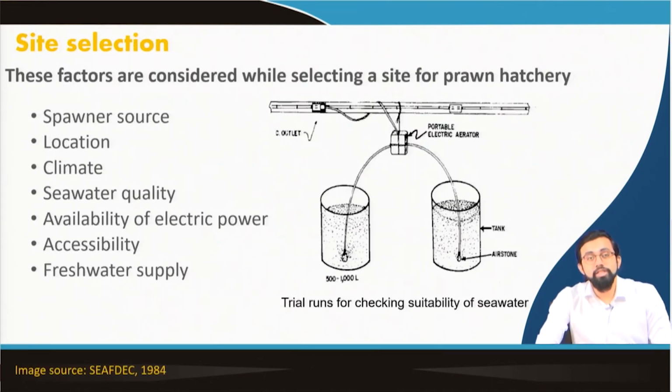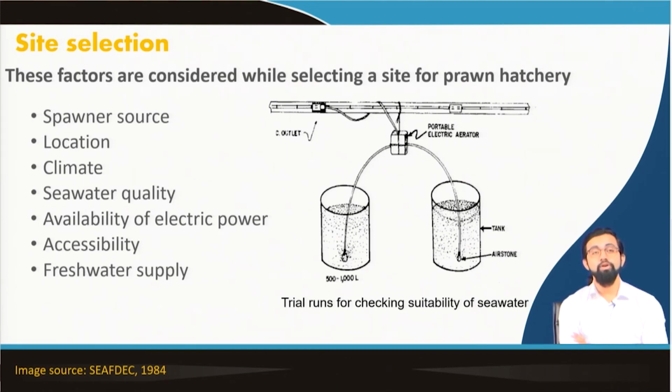In terms of site selection, I do not want to discuss it in more detail, because we already discussed it in the last lecture about the carp hatchery. Most of those factors still hold the same for the prawn hatchery as well.